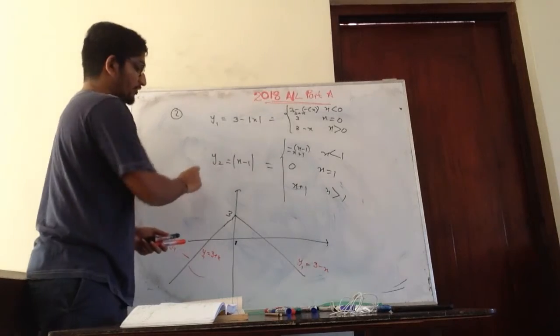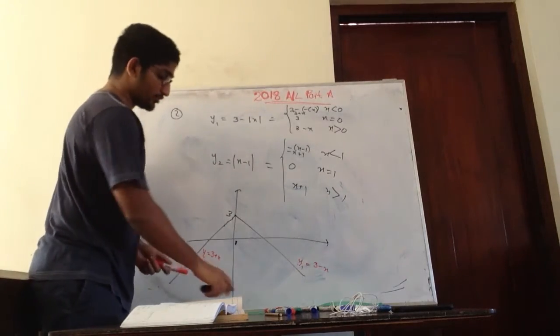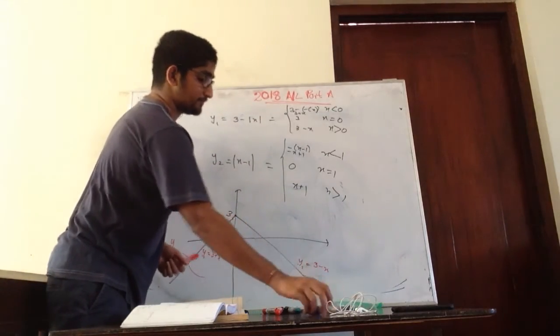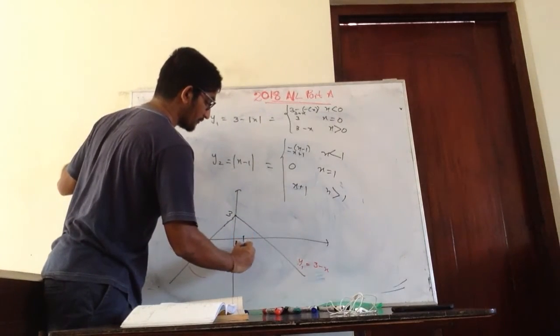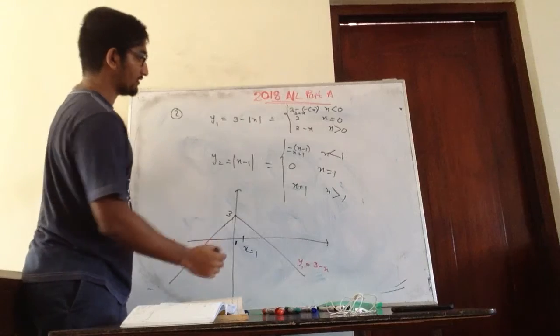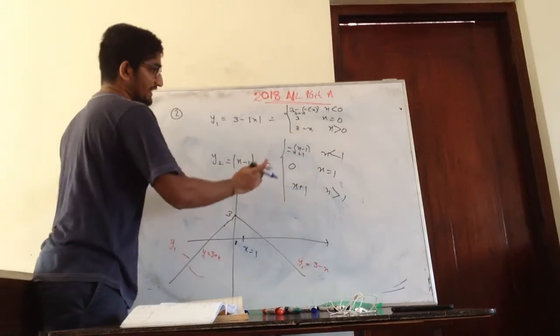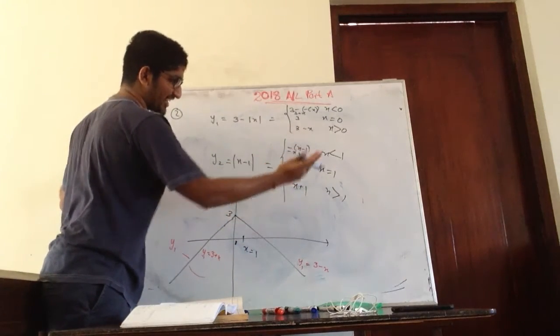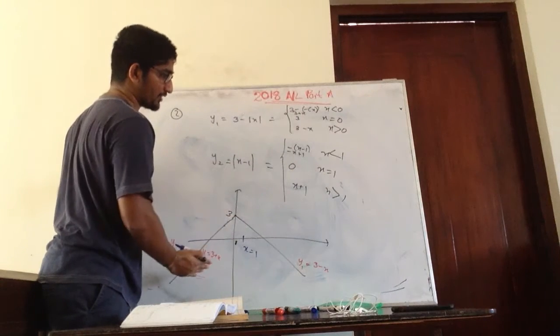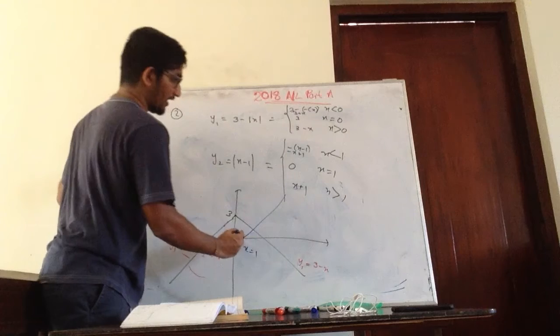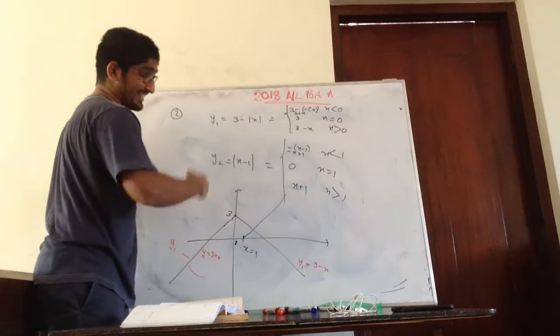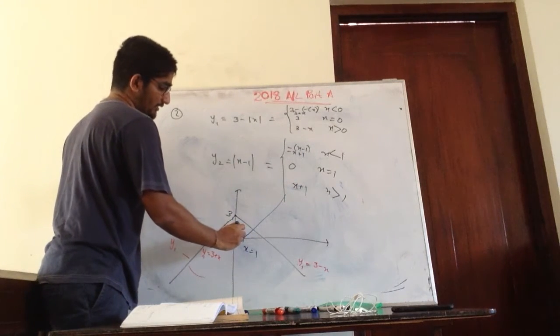Then we have to draw y2. At x equals 1, the value is 0. Then when x is greater than 1, it has a positive gradient. We go like this. And when x is less than 1, it has a negative gradient, so it will go like this.